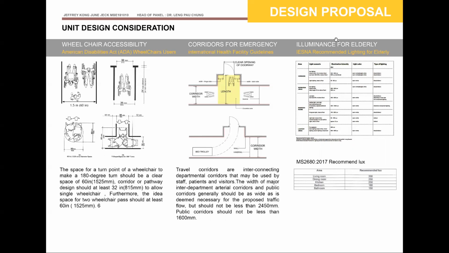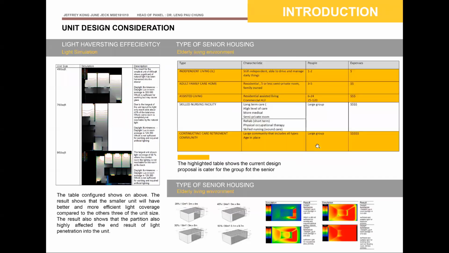Then the third is the lighting illuminance. I'm using the IESNA guideline, which is specifically for the elderly. For Malaysia, the standard is only general, so I prefer to use the experts' standard for the elderly.